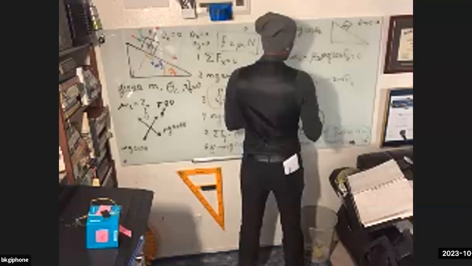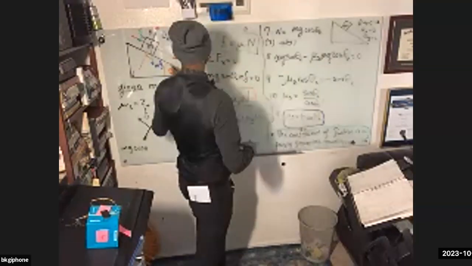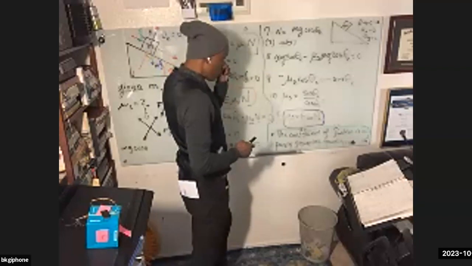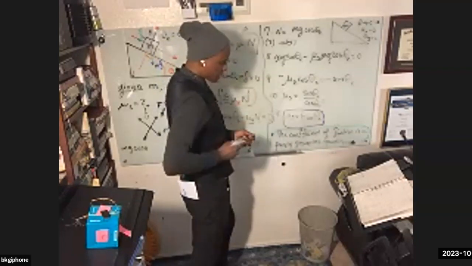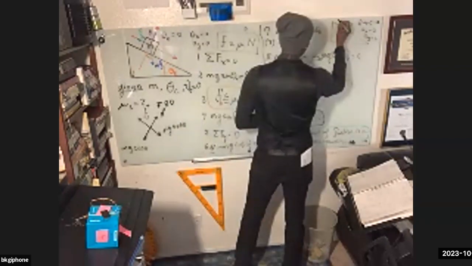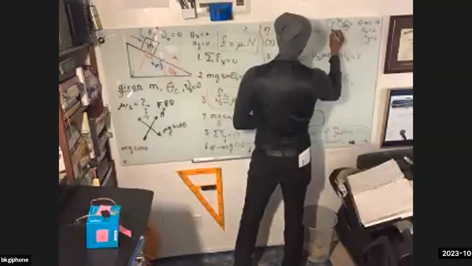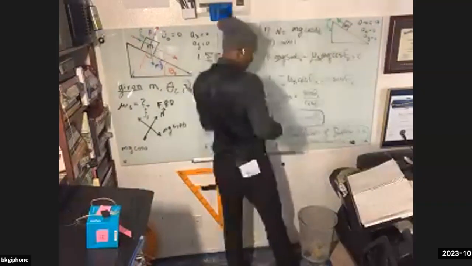Obviously ay is zero because it's not moving on the y-axis, but if it's moving down at a constant velocity, ax is zero. So you'll have a similar situation that looks like this, but the frictional force will be a kinetic frictional force up the plane. So you'll have Fk up the plane.